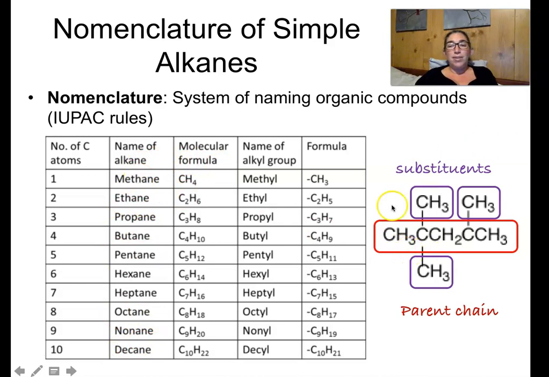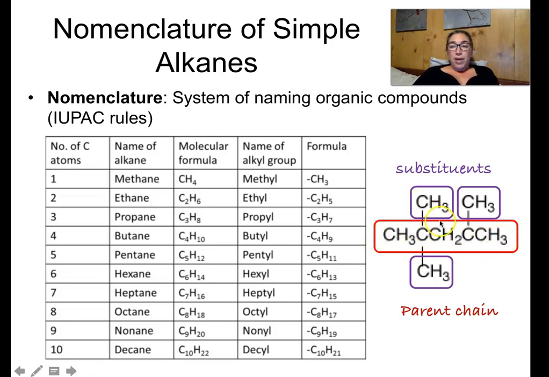So for example, in this molecule here, I have put a red line around the master parent chain, which is the longest chain of carbons that we can find without having to pick up our finger and move it. So this one has 1, 2, 3, 4, 5. So we would call this a pentane.